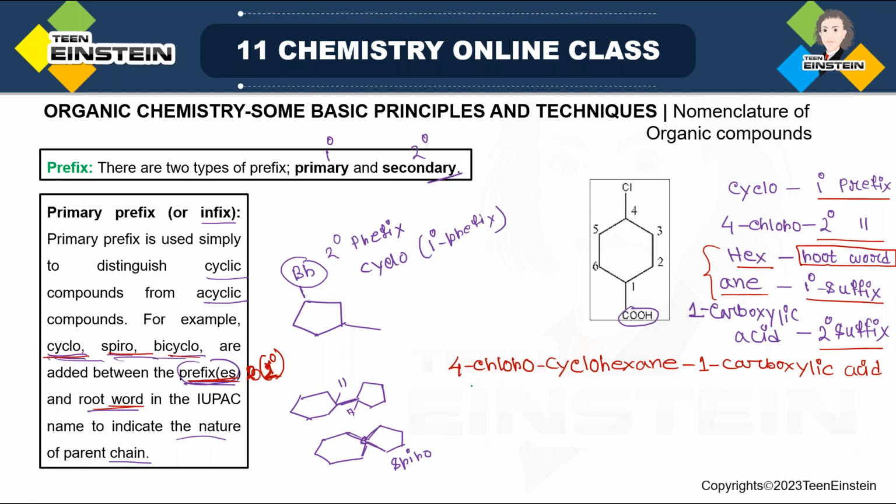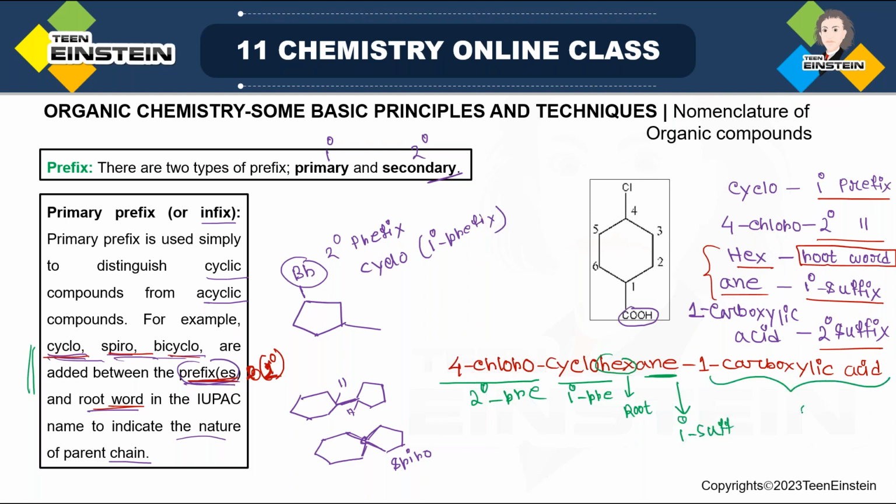So again, if we see, this part is 2° prefix. This part is 1° prefix. This part is root word. So see, 1° prefix is in between 2° prefix and root word, which is mentioned here. N is 1° suffix.